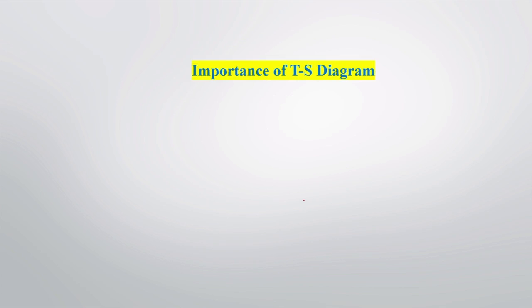What is the importance of this TS diagram? This TS diagram is also known as a tephigram. The tephigram is used in meteorology to give the interpretation of the temperature and humidity structure. The tephigram is also commonly used in weather analysis and forecasting.